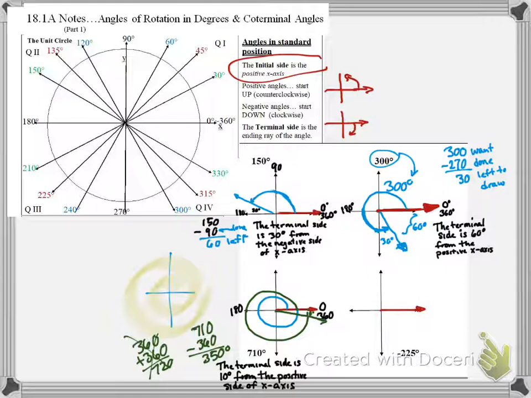Negative. We got a negative angle to deal with. I'm still going to think about 0 degrees, 180 degrees, 360 degrees. But maybe, now that I want to do a negative angle, which means I need to go down from here instead of up from here, maybe I want to think of this as going backwards, negative 180 degrees.